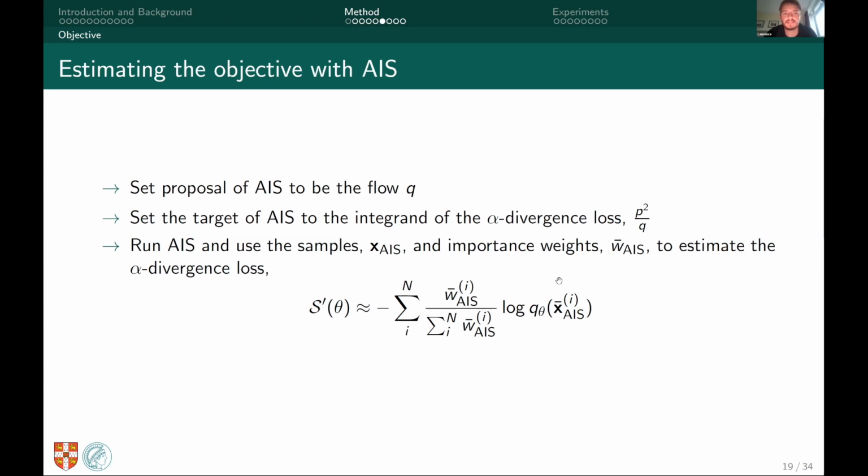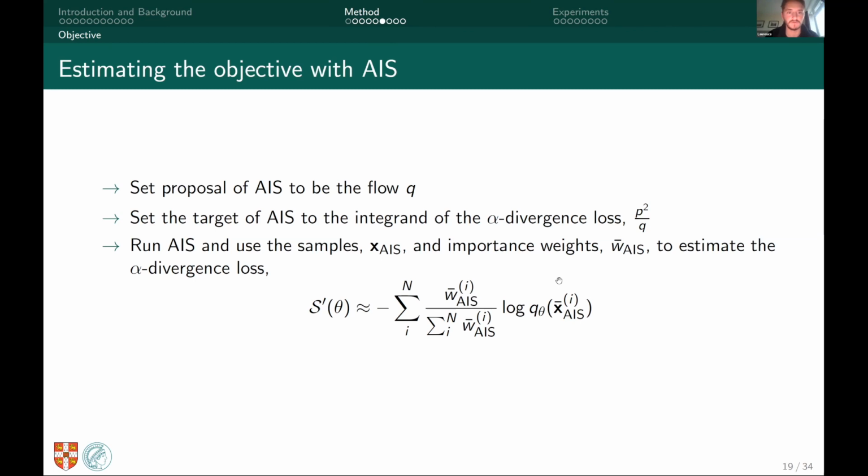But the key idea here is that annealed importance sampling gives us samples of much higher quality for training the flow than if we just use the samples from the flow. The reason that we call it a bootstrap is that the start of annealed importance sampling uses the samples from the flow. So we're improving the samples and then using that to update the flow.